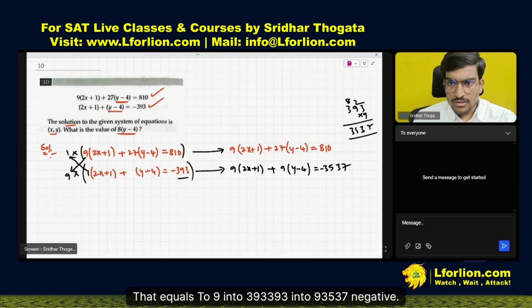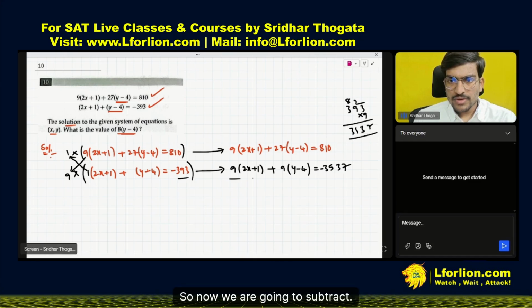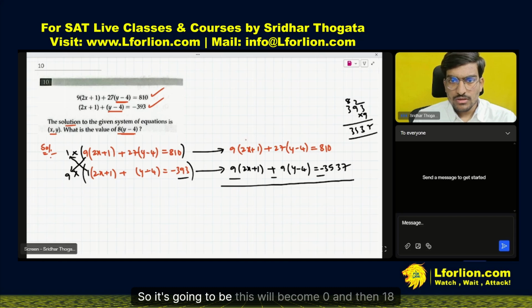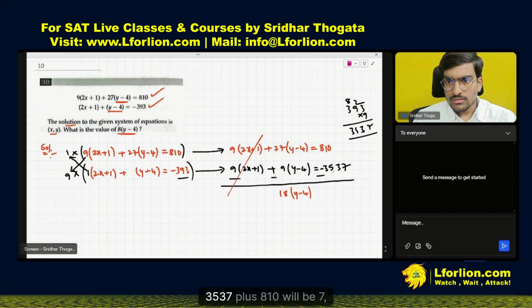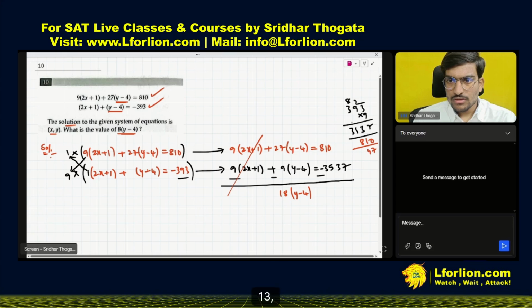That is negative 3537. So now we are going to subtract. The x terms will become 0, and we get 18 into y minus 4. 3537 plus 810 will be 4347.